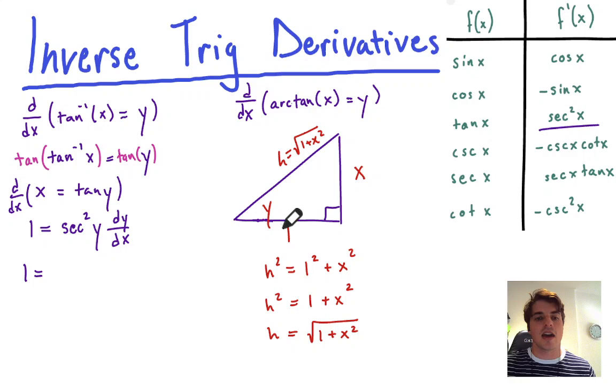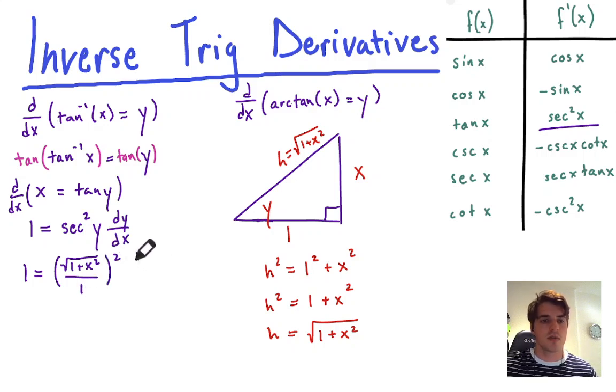So cosine is adjacent over hypotenuse. Secant is hypotenuse over adjacent side. So this would be the square root of 1 plus x squared over 1, squared, times dy dx.